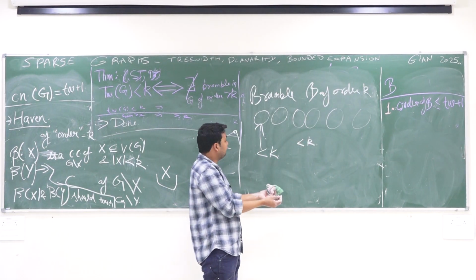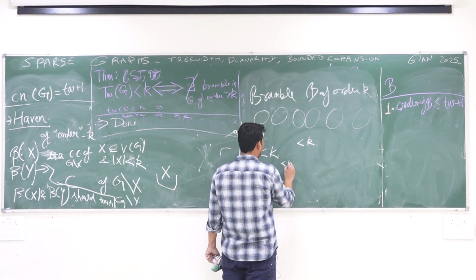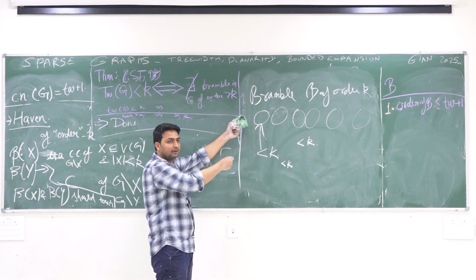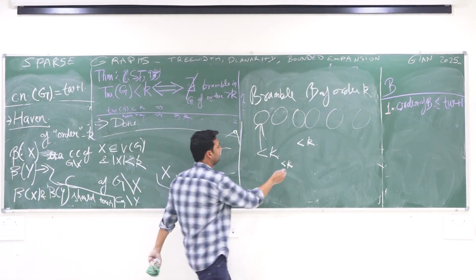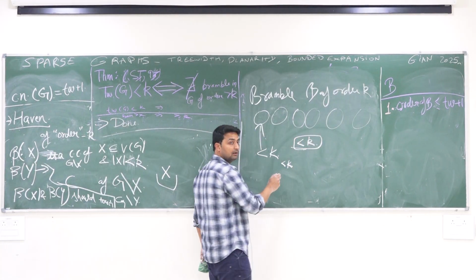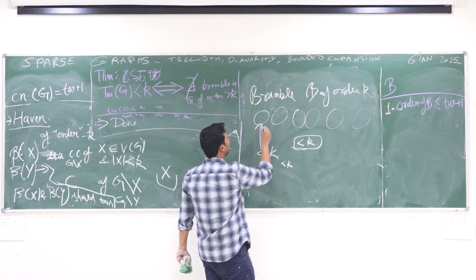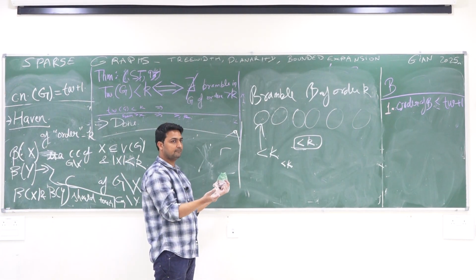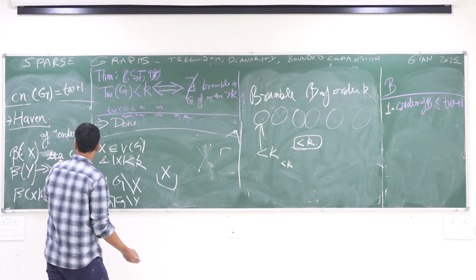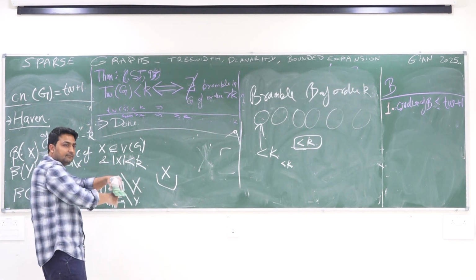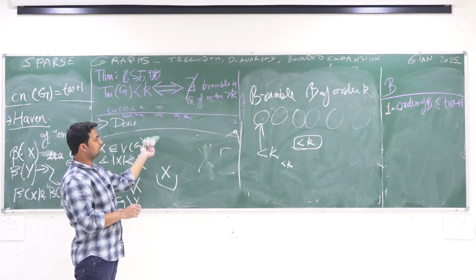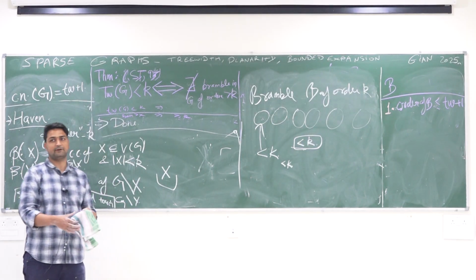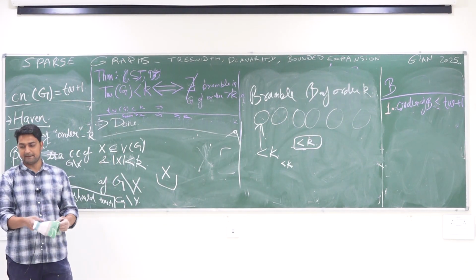By definition, if you take any fewer than k vertices here, one of them lies outside, one of them is not hit by this set. In the haven also, because it's outside. So these two are the same thing. So if you can say that you have a haven of order k, you can say that you have a bramble of order k.